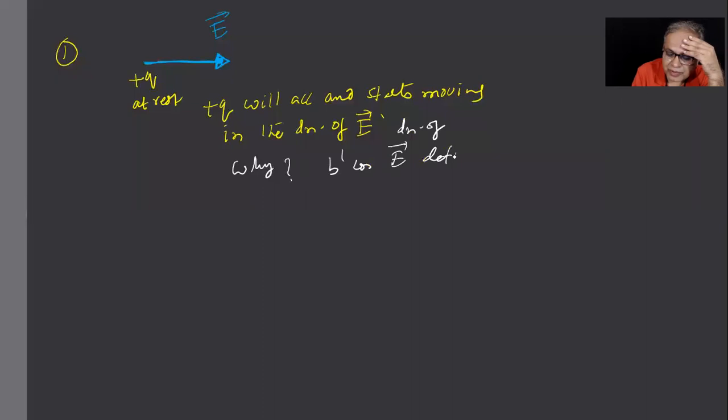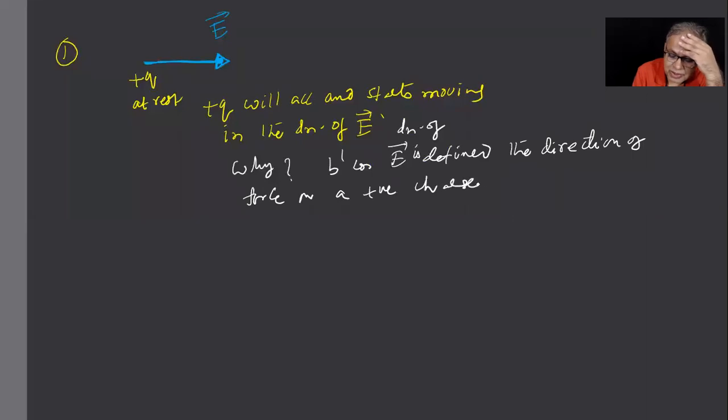Direction of E is defined as the direction of force on a positive charge. The notes are there, going to be with you. I want you to think and ask me again.